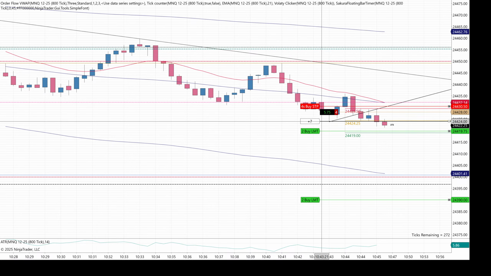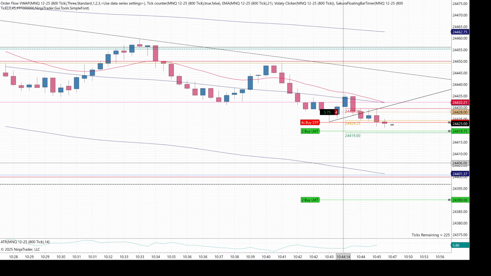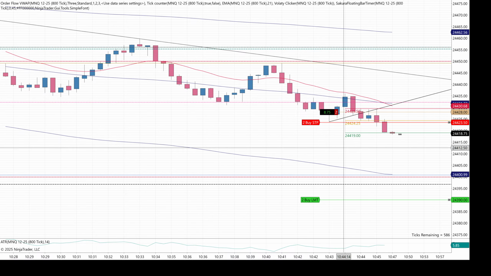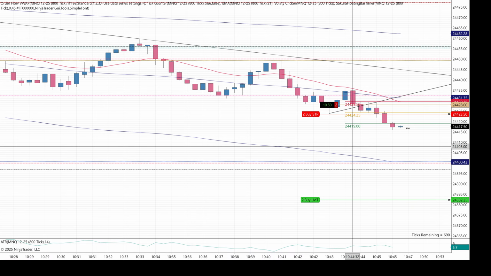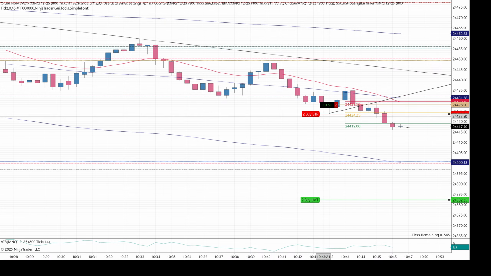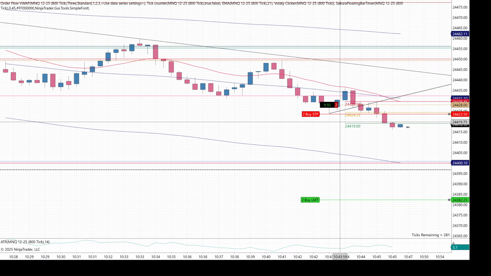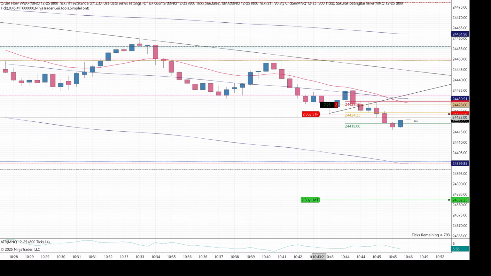Okay, moving this slightly. Okay, got a runner now. See if this runner can keep running. We've had some great runners today that we haven't been able to take advantage of.